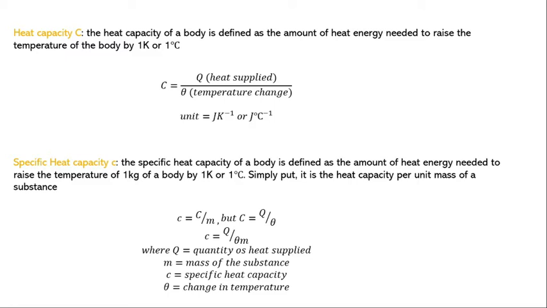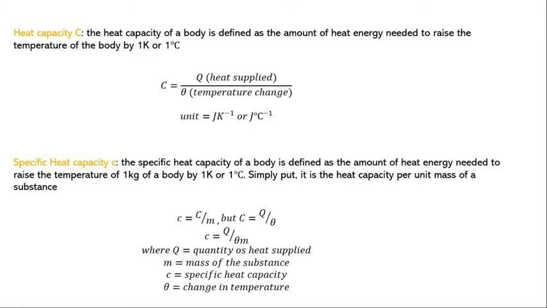The difference between the heat capacity and the specific heat capacity is that with the heat capacity, you are just changing the temperature of the body by 1 Kelvin or 1 degree Celsius. But when you know the particular mass of the body that you are changing, and it is 1 kilogram, it means you know the mass you are dealing with, so it becomes the specific heat capacity of that body.